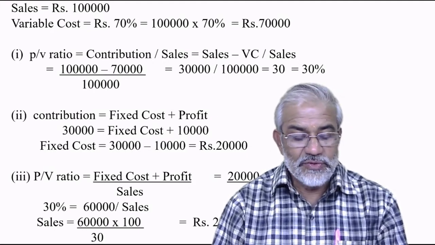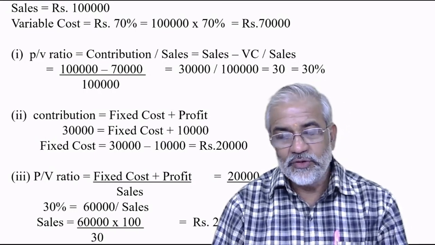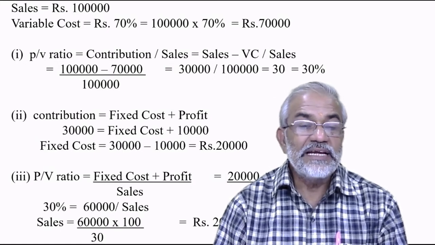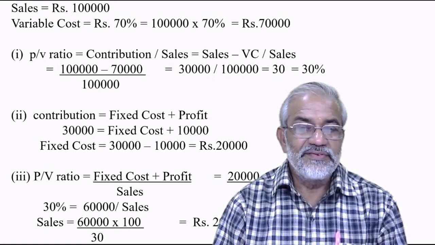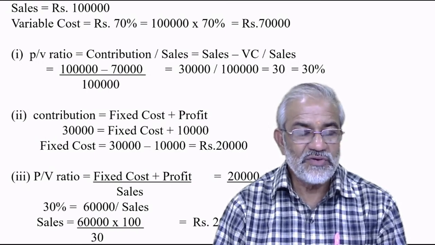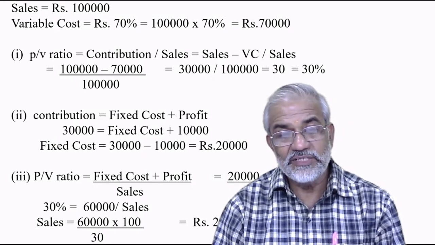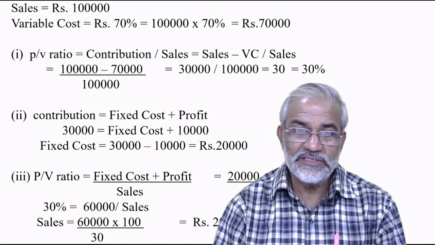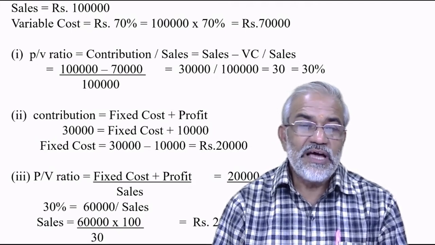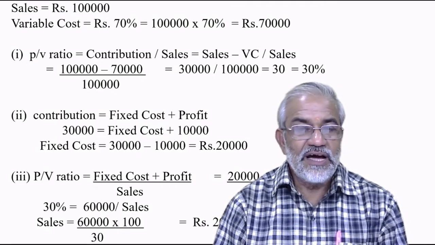And for the PV ratio, the equation is fixed cost plus profit divided by sales. Here the fixed cost is 20,000, because the contribution is 30,000 and the profit is 10,000, so obviously the fixed cost is 20,000, as calculated under 2 above. So 20,000 is the fixed cost and the profit is 40,000.